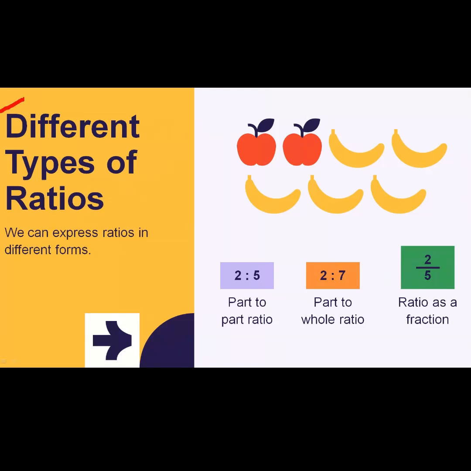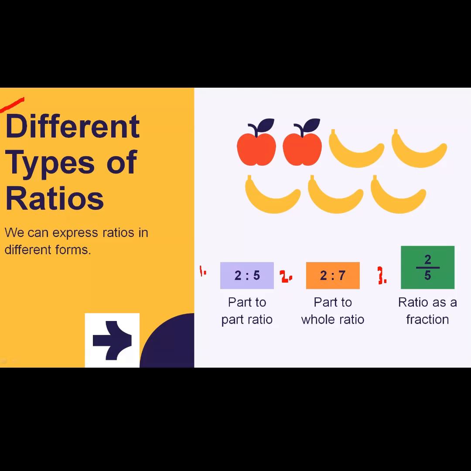Now, different types of ratios. We can express ratios in different forms. Number 1 is part to part ratio. Number 2 is part to whole ratio. Number 3 is ratio as a fraction.